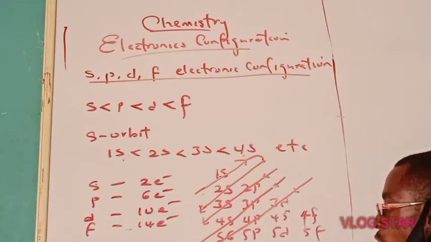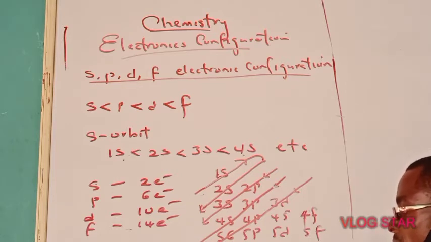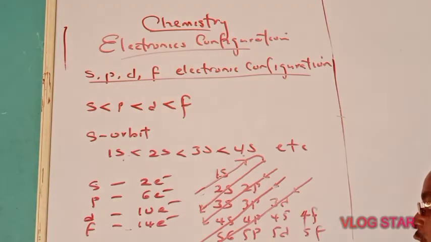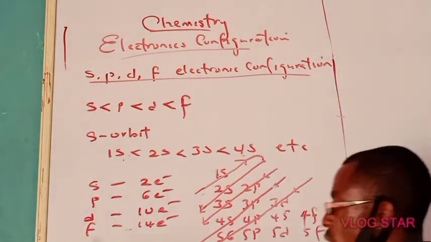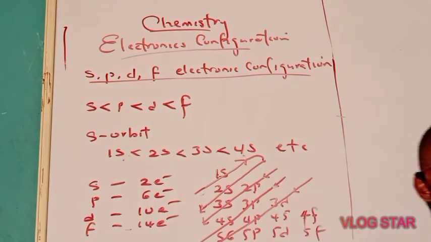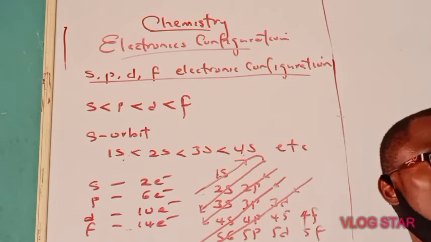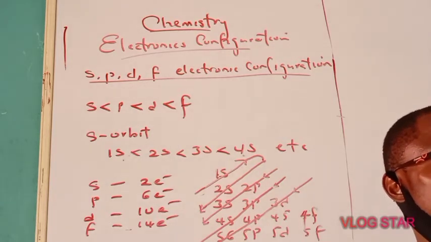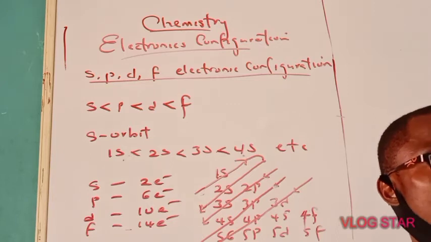Then I go to 4s, 4p, 4d, then 4f. So level 1 has S, level 2 has S and P, level 3 has S, P and D, level 4 has S, P, D and F.